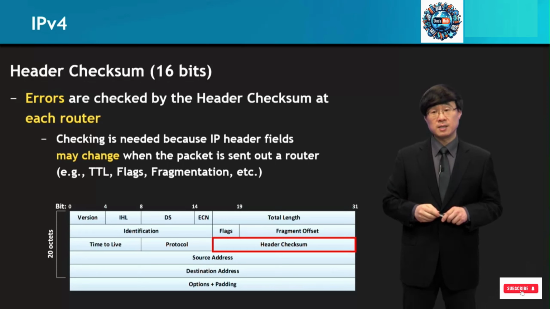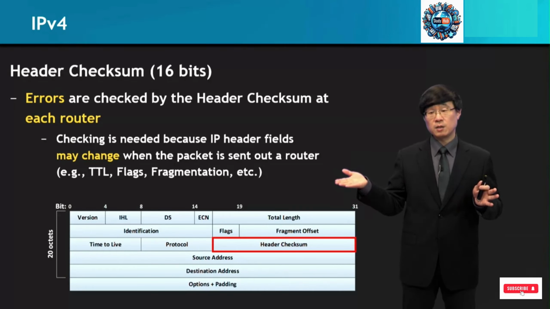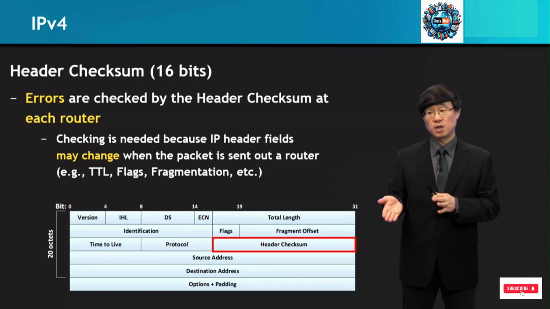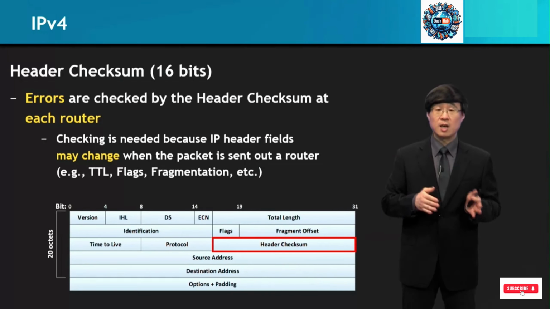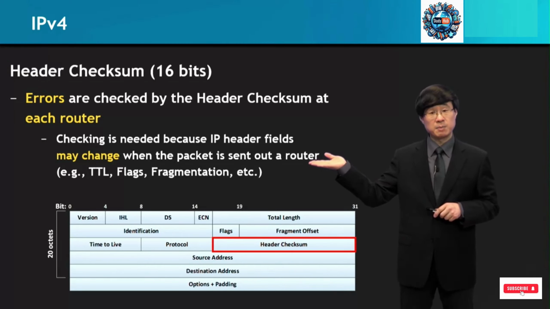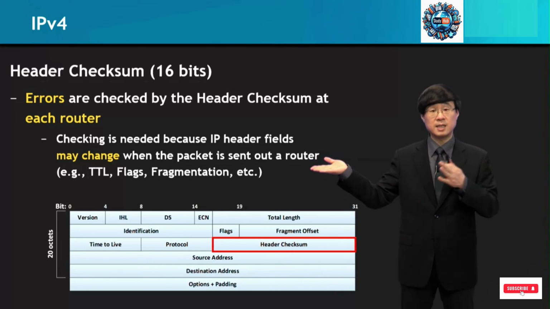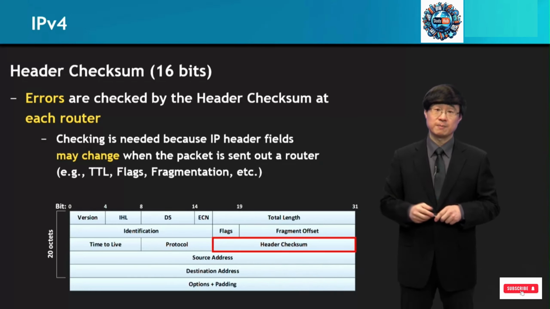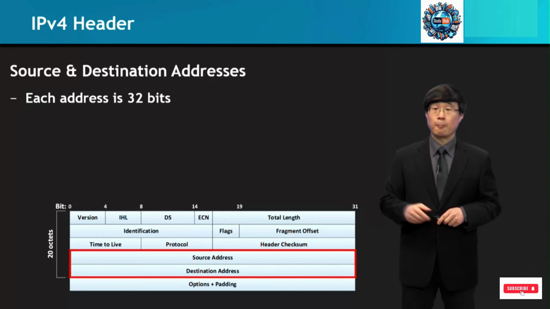And this is because checking is needed because the fields within the packet do change. And when they change, the header checksum is recomputed. Some of the fields that would change by hop going through the routers would be like the time to live, which is consistently decreased, the flags, and also the fragmentation options.